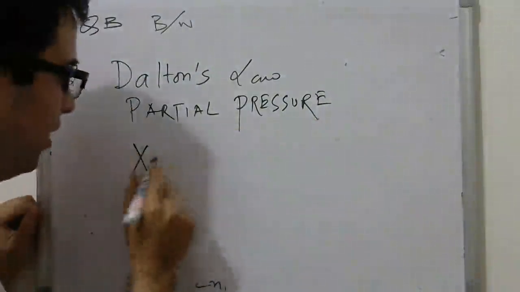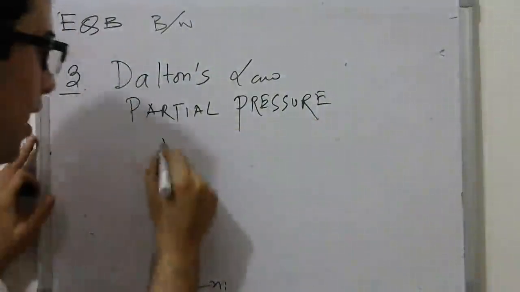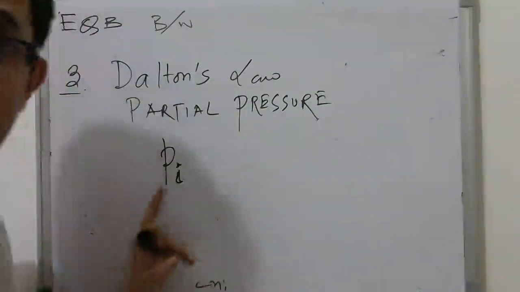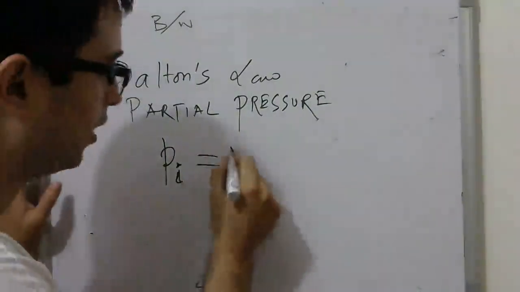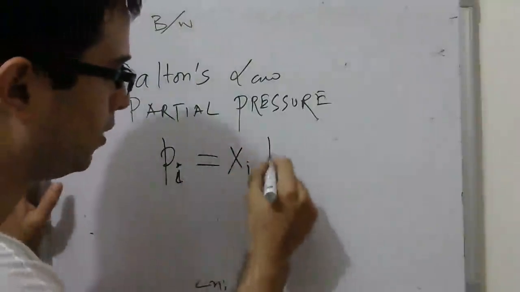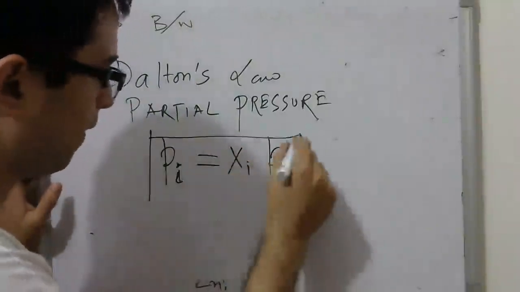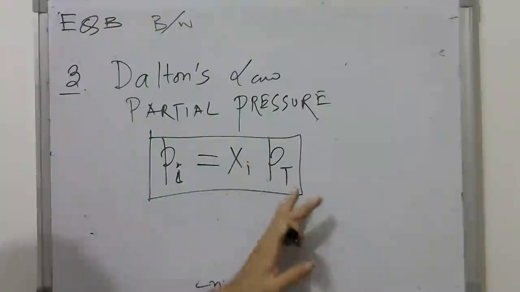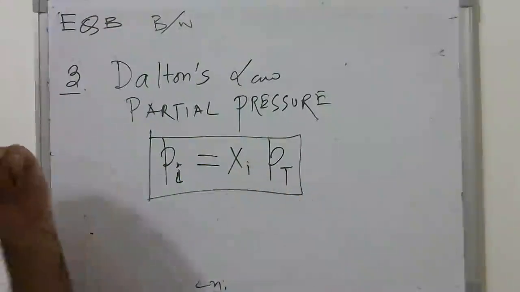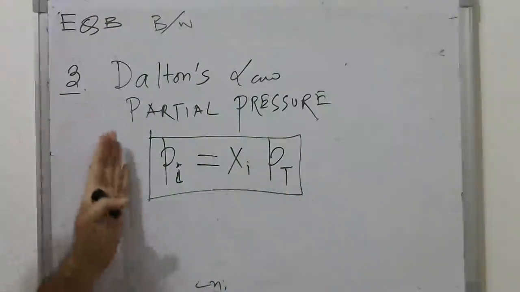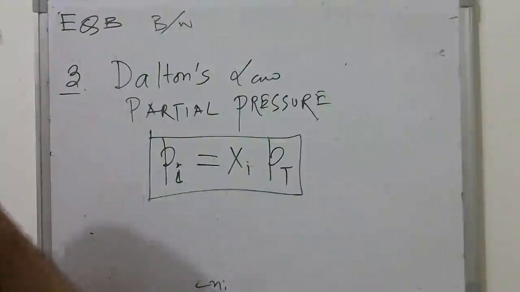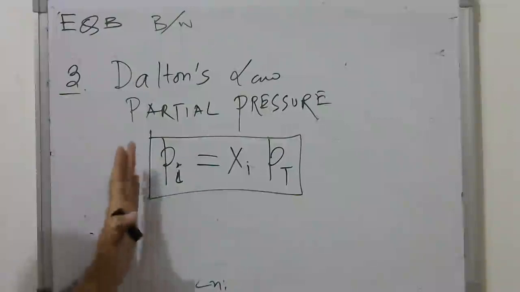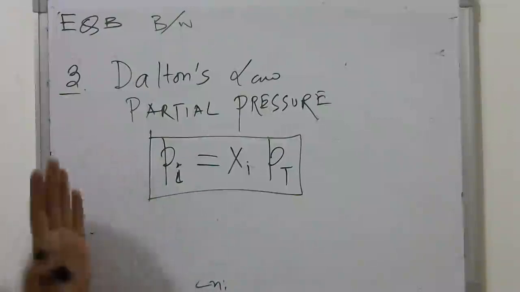So Pi, the partial pressure of a particular component in a system, is given by Xi into P total. So partial pressure of a system is equal to mole fraction multiplied by the total pressure of the system. This is basically Dalton's law, which you might have studied in class 11. But this concept is also sometimes useful in solving certain kinds of problems.